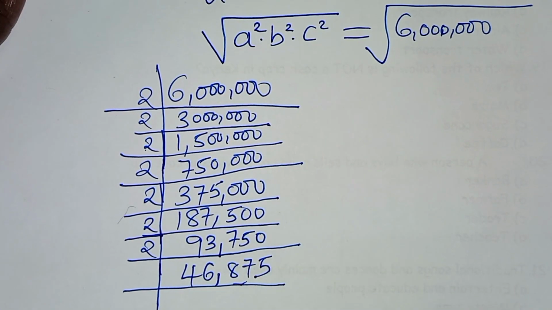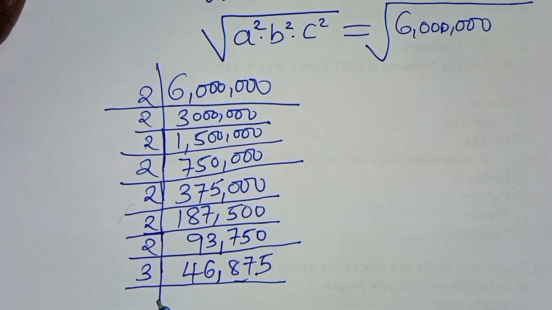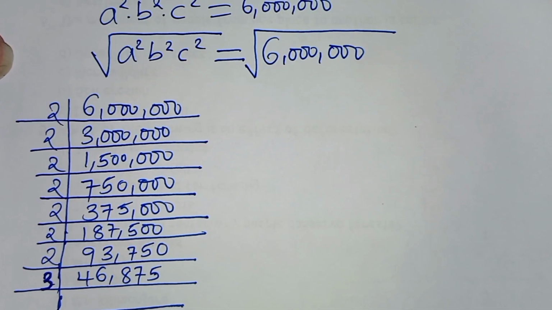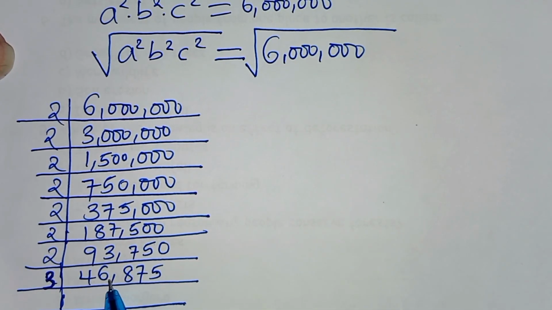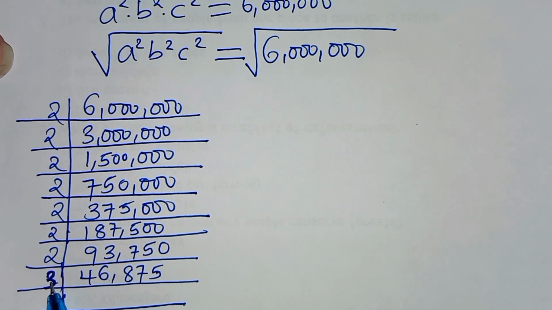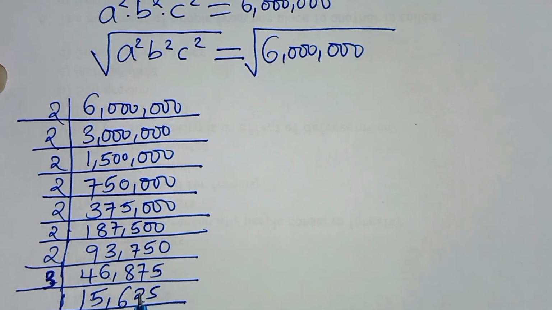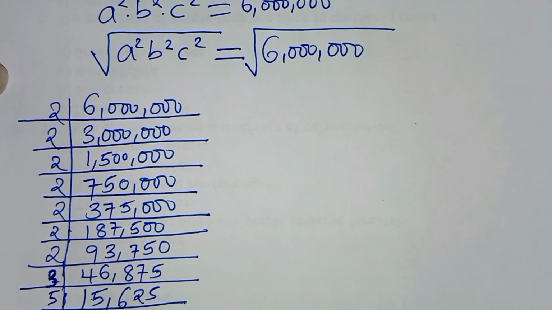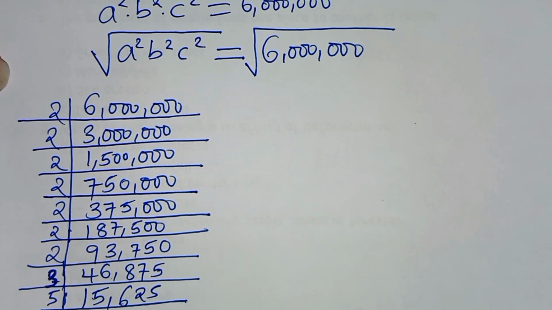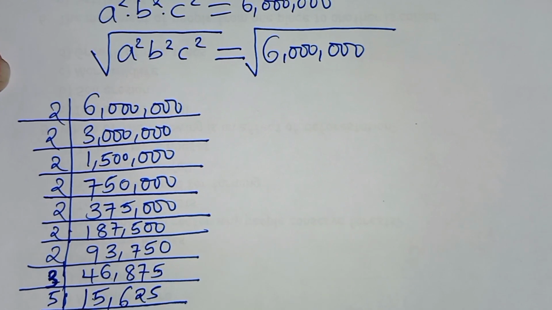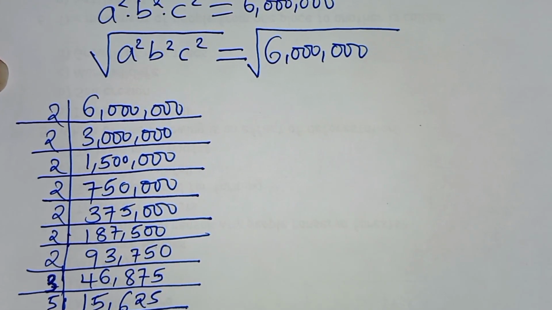So here we'll have 46,875. The next phase here, let's divide by 3. So 46,875 divided by 3 will give us 15,625, and then 15,625 divided by 5 is going to give us 3125. Let's divide by 5 again here.